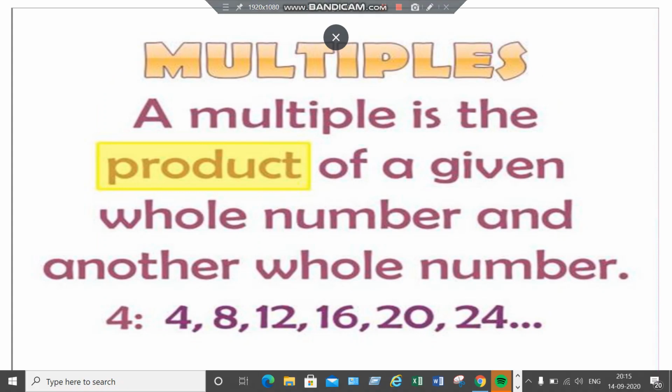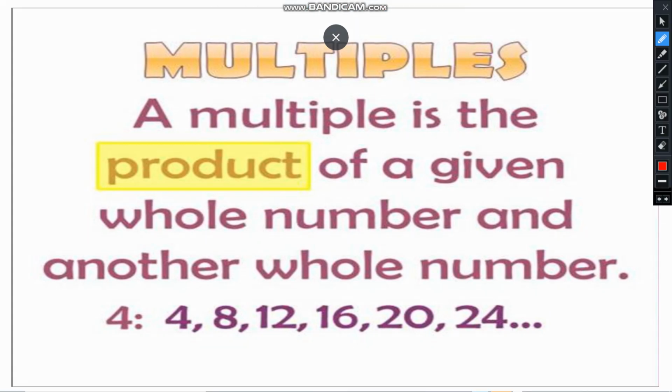For example, over here, as you can see, we have written the multiples of 4. Now how have we got 4? When we have multiplied one whole number with the other whole number. That is 4 multiplied by 1. What is the answer? 4. So we got here the product 4. How have we got 8?